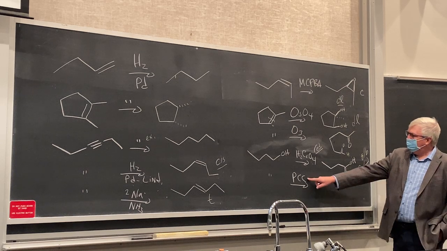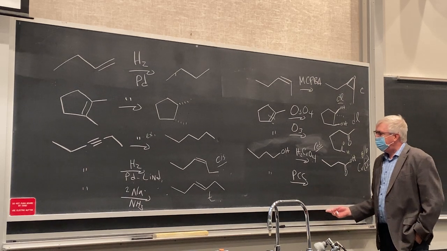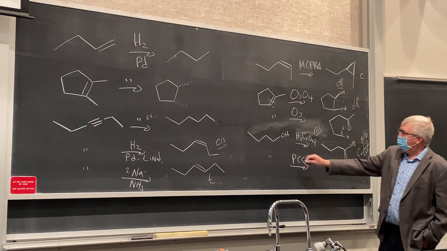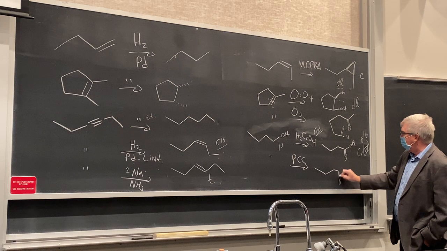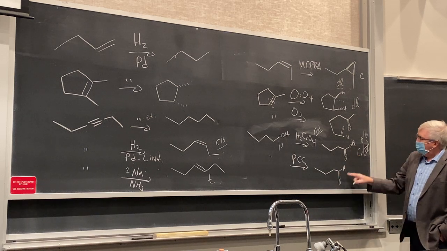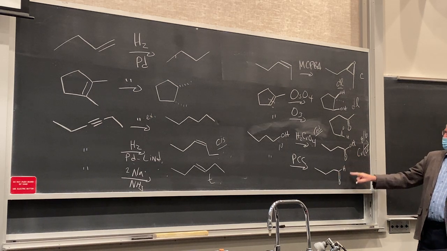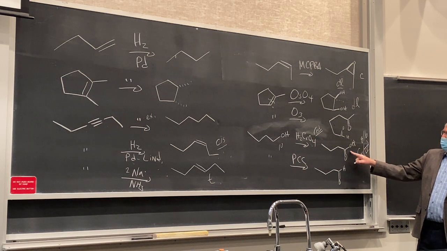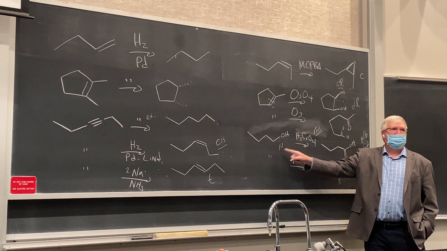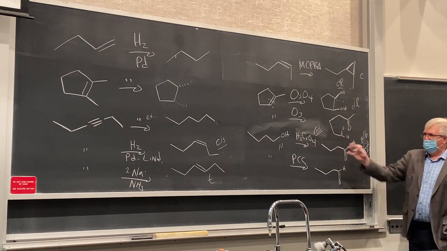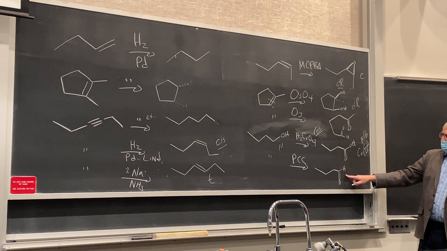Okay, here's the other reagent, PCC, pyridinium chlorochromate, and that will take primary alcohols and stop at the aldehyde stage. Okay, so we say those are complementary oxidation reactions. This one goes all the way to the carboxylic acid, and it has to be a primary alcohol to go to carboxylic acid. Secondary alcohols go to ketones, okay, with both these reagents. But primary alcohols will go there.